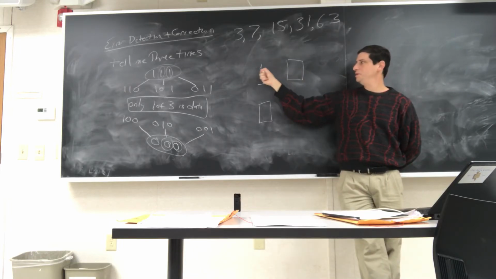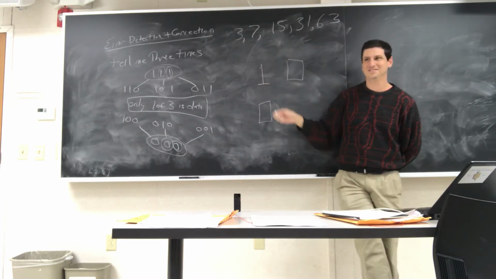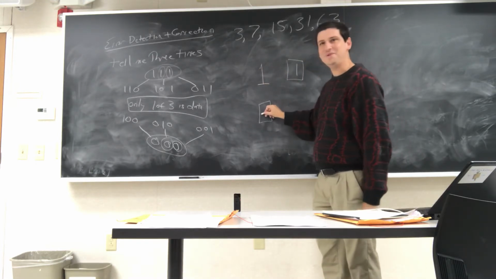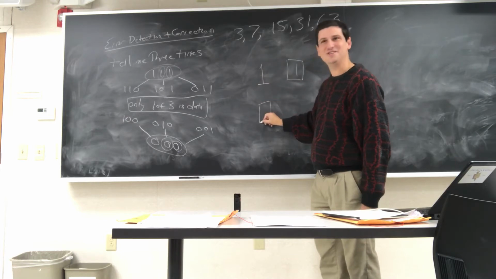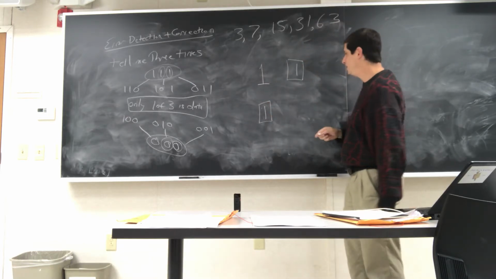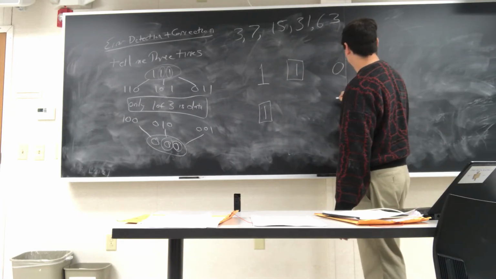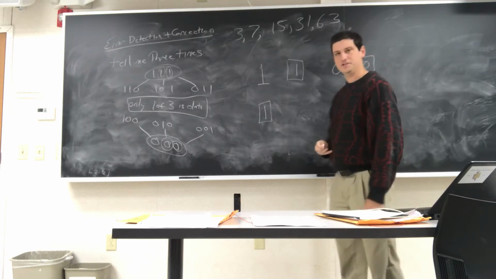And this parity bit will be the sum of the entries in this row. And this parity bit will be the sum of the entries in this column. If instead I had a 0, I would have this.